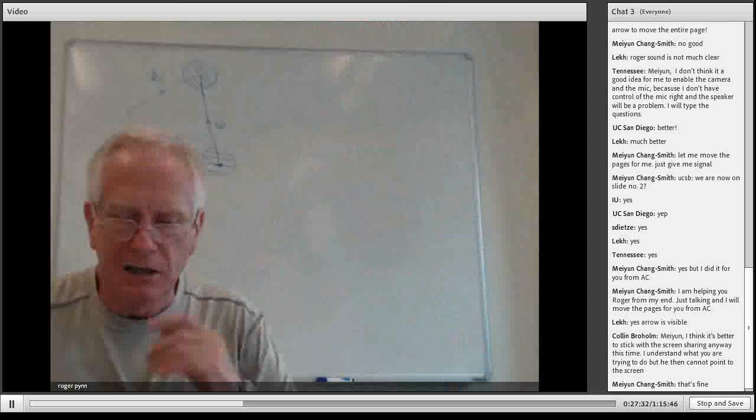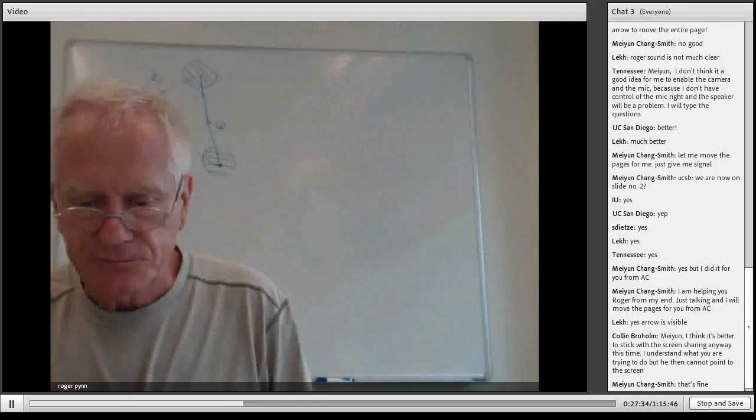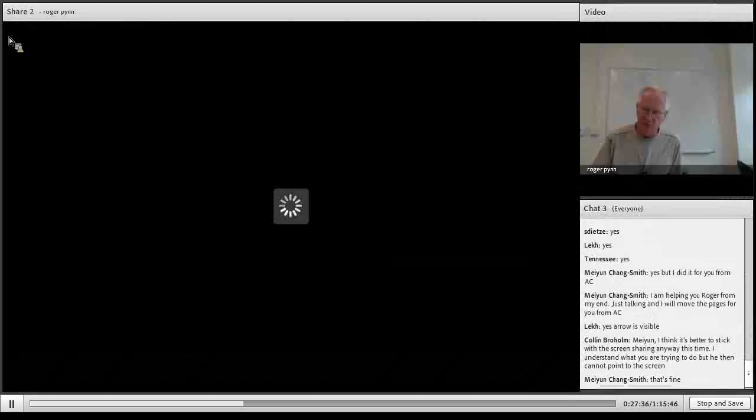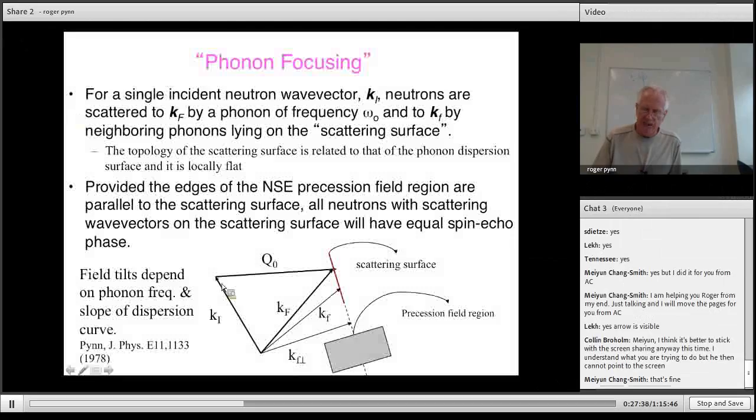Let me show you how that works. Here is the Ki. Now I've used capital Ki to indicate that this is the most probable value of Ki, and I've used capital KF to indicate that this is the most probable value of Kf. And here's the most probable Q vector here.